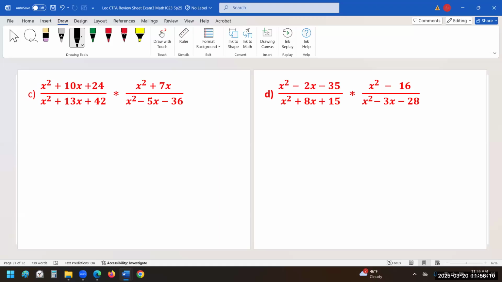So we have numerators with 3 terms, means they are factorable this way. 2 numbers multiplied to 35 combined to 2. What are they? 7 and 5.